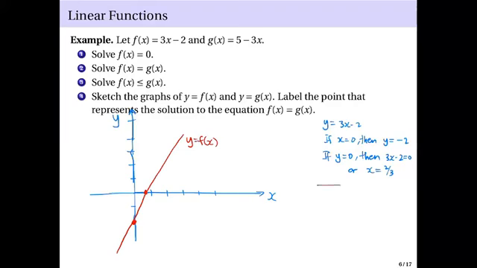And then for the other guy, now we have y equals g of x, so y equals 5 minus 3x. And similar solution, if x equals 0, then y equals 5. Now, if y equals 0, then we have 5 minus 3x equals 0, or 3x equals 5, or x equals 5 over 3.